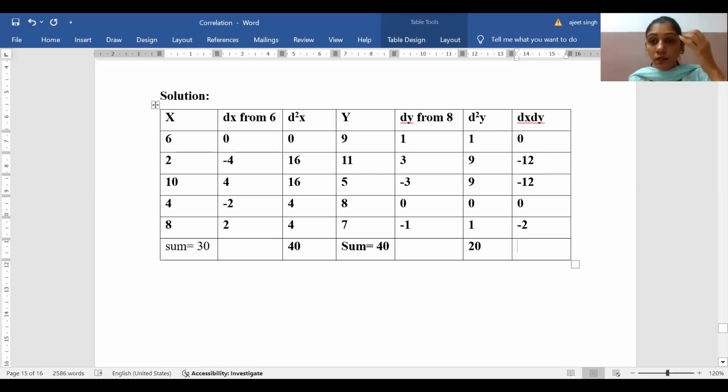So the answer will be minus 12, minus 12 and minus 2. The sign is minus and we add all these values, which is minus 26. Okay, so these are the values.